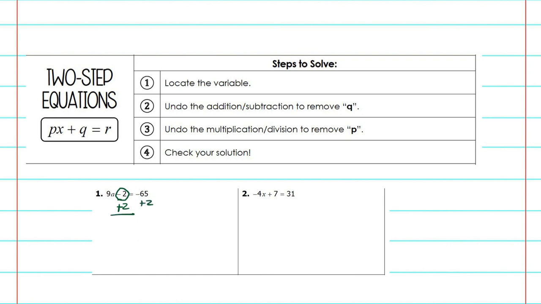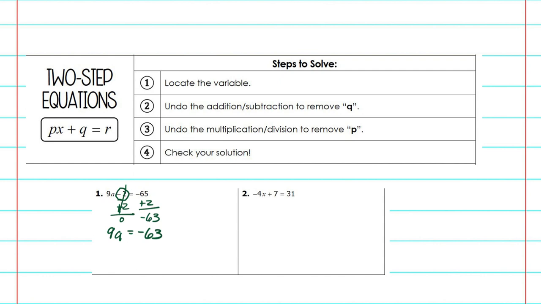If I have negative 2 and I add 2, that will cancel out and be 0 there. Negative 65 plus 2 will give me negative 63. I'm going to rewrite the problem. 9a equals negative 63. Rewrite the problem so we do not forget or miss a step.